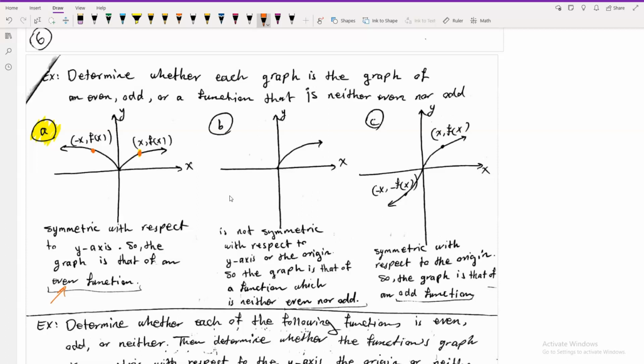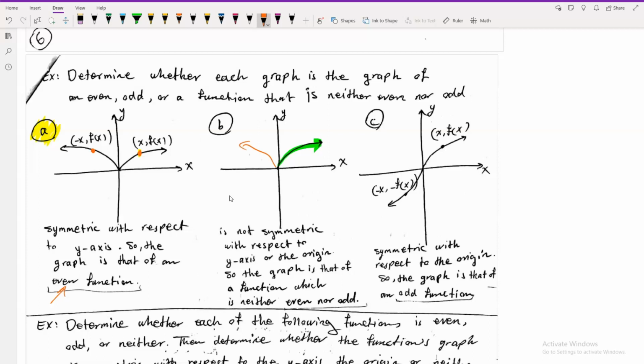Now part B, here is our graph. And what I have on this graph, this is not symmetric with respect to the y-axis or the origin. I don't have anything here on the left side, on the other side of the graph.